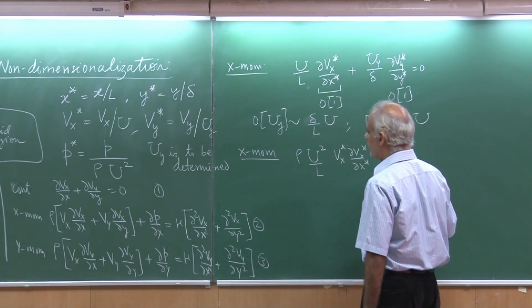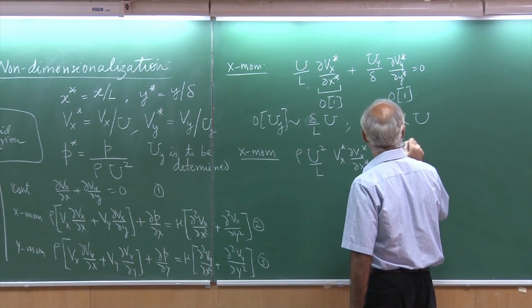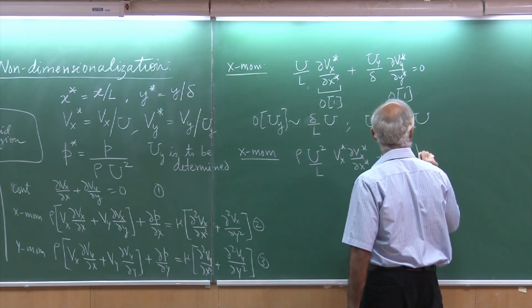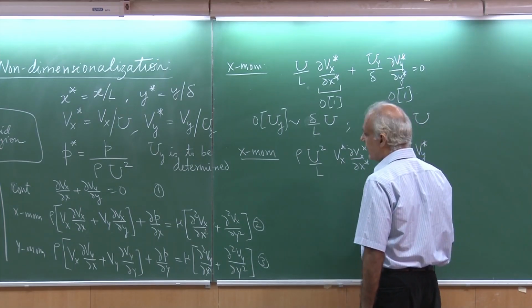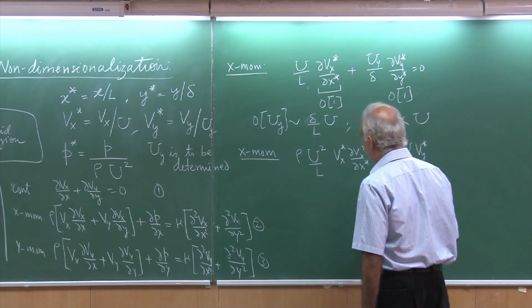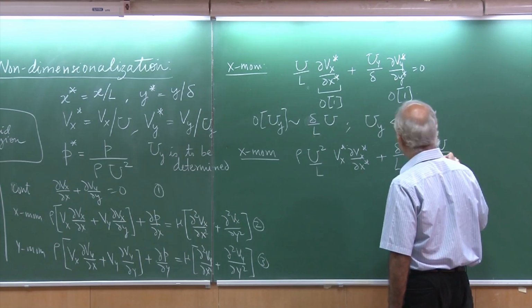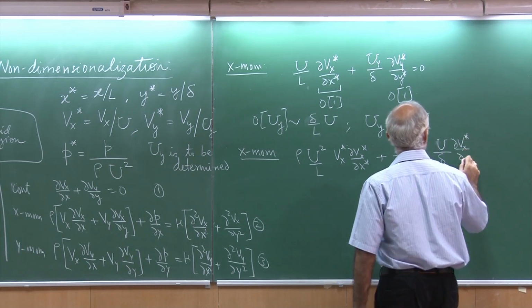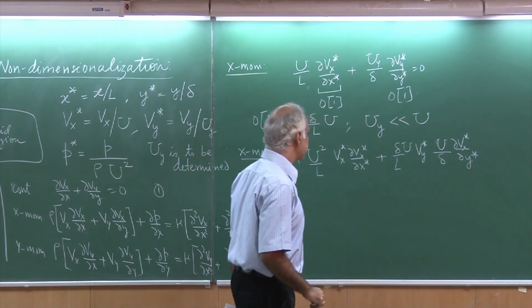Okay? So I am going to straight away write down this delta by L u times Vy star, and then I have for del Vx by del y, u divided by delta, Vx star by del y star. Okay, that's my second term.